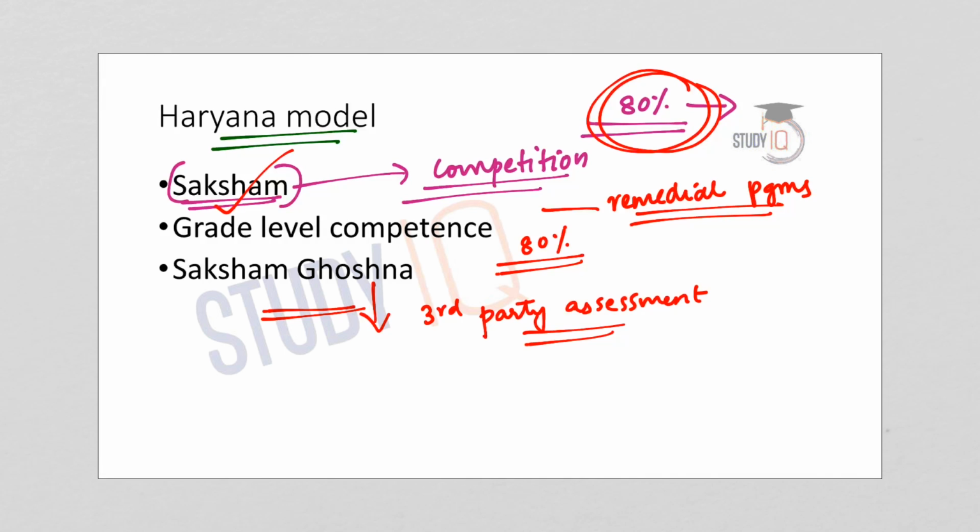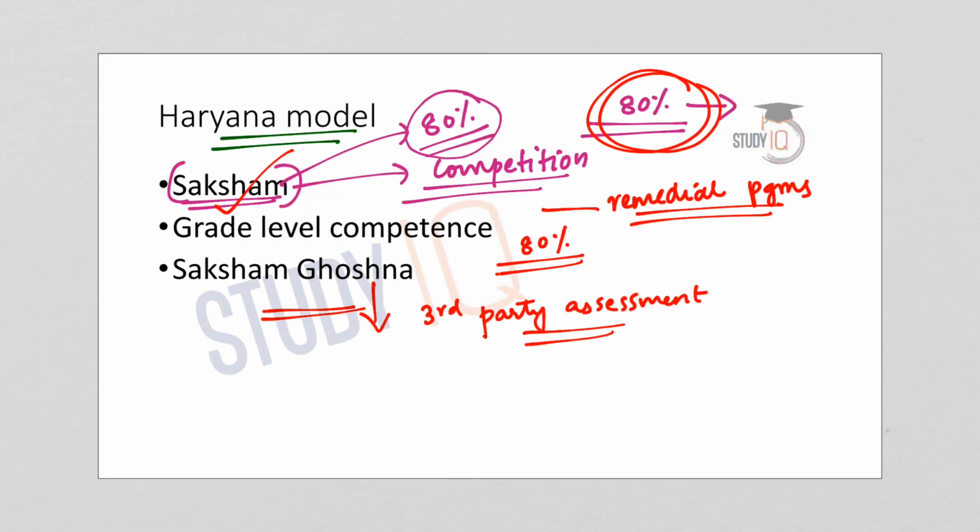And after this assessment and monitoring, if the particular block is found to be Saksham, that is, if they have met the target of 80% grade competence, then the block officials are recognized and honored by the state administration. This will boost competition and a spirit of encouragement and motivation among the officials in the block.